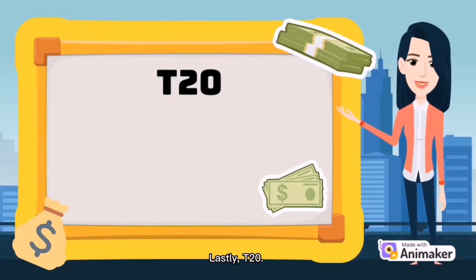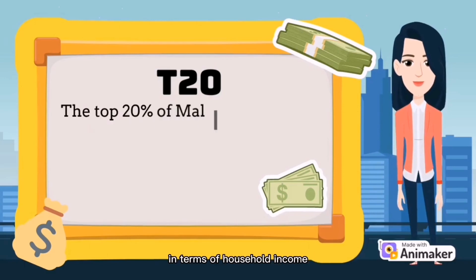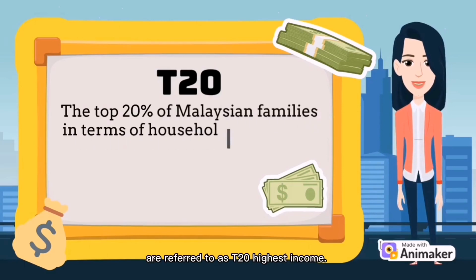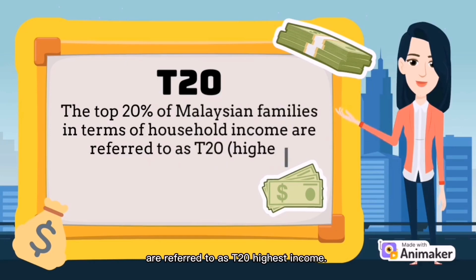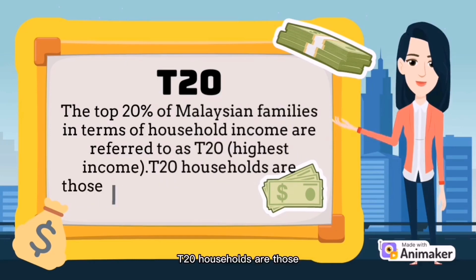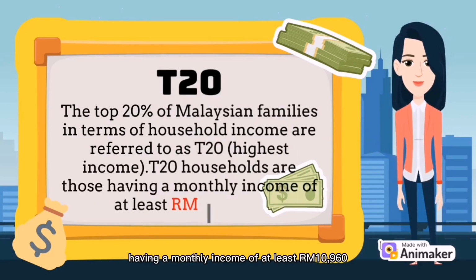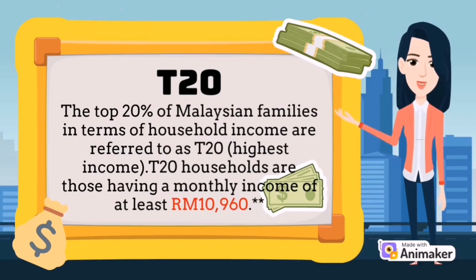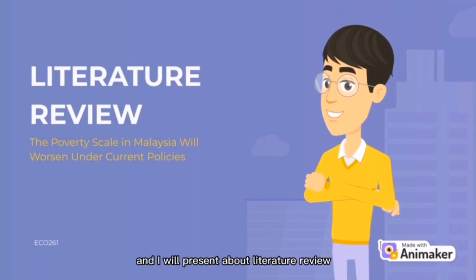Lastly, T20. The top 20% of Malaysian families in terms of household income are referred to as T20, high income. T20 households are those having a monthly income of at least RM10,960. And I will present the literature review.